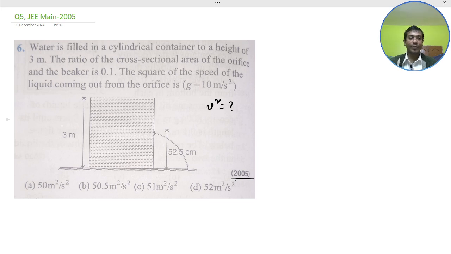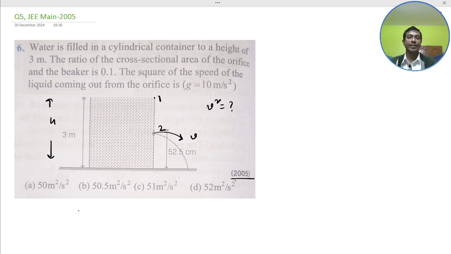So suppose this is the height h, this section. This is point 1 and this is point 2. Suppose water is falling in this direction, that's the v.